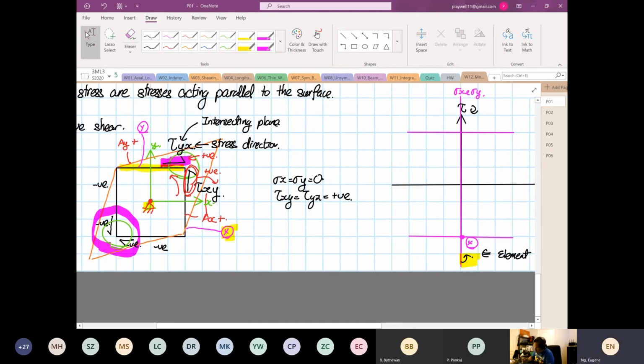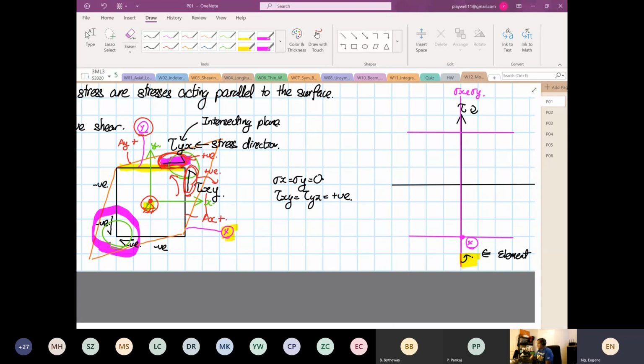Now let's focus on our point Y. I'm going to go slow. If we use the same pivot point and you look at this stress over here, the one that I'm circling now, the element will rotate in what direction?